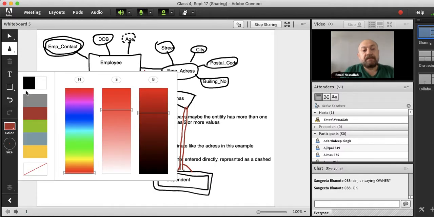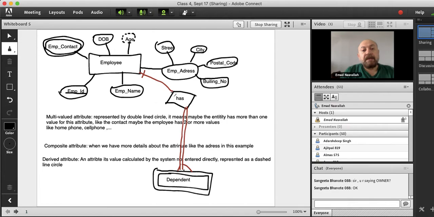And the relation must be double-lined. Okay?